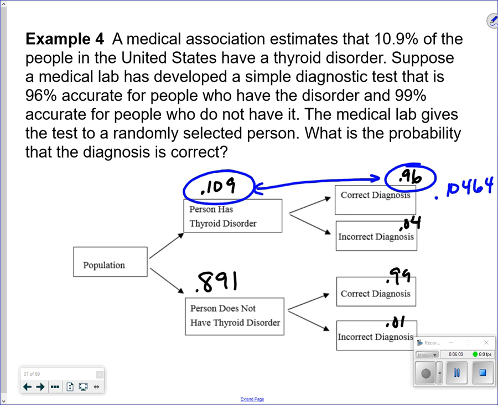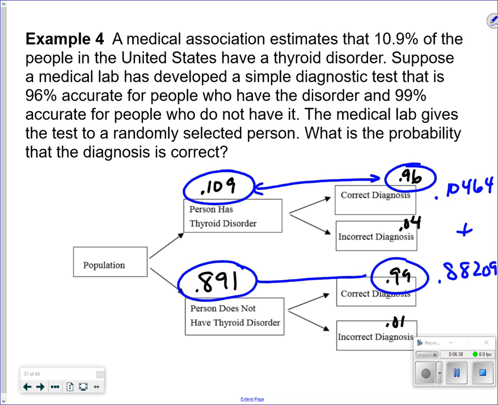0.10464. Now, what happens if I don't have the disorder? And again, it's correct. So I'm going to multiply these two together. So 0.891 times 0.99 is 0.88209. So now, here's where today comes into play. What is the probability that I have the disorder and it's correct, or I don't have the disorder and it's correct?